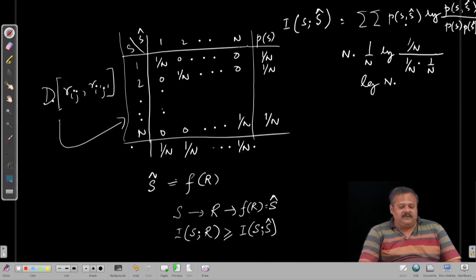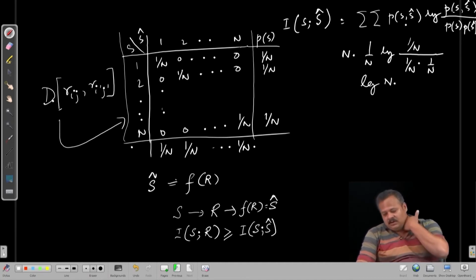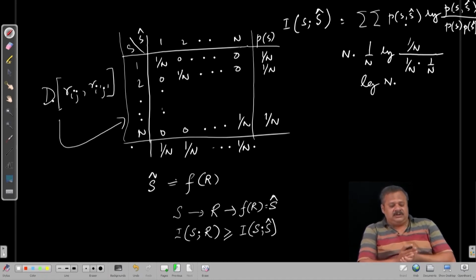Why do we call it a confusion matrix? If the stimulus is S, the decoding method is confusing the response with the response to some other stimulus, and that idea is captured in this matrix.